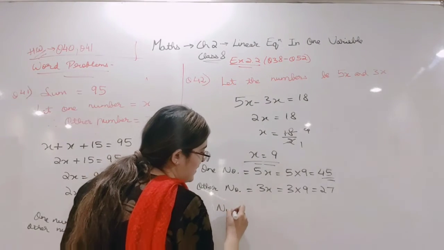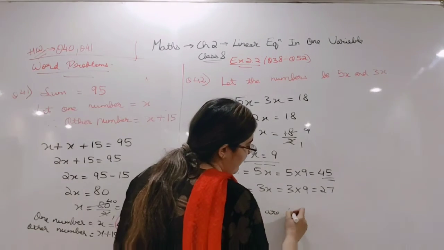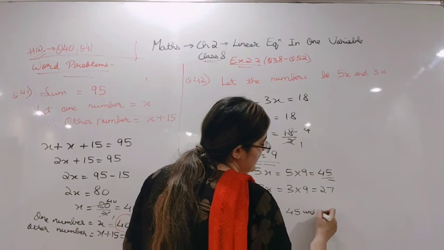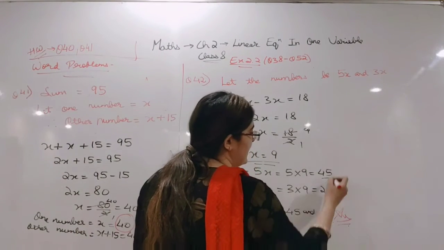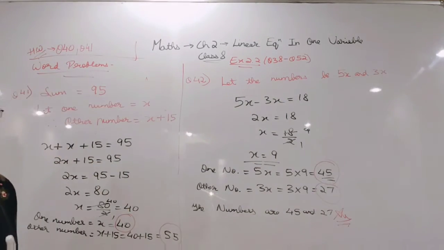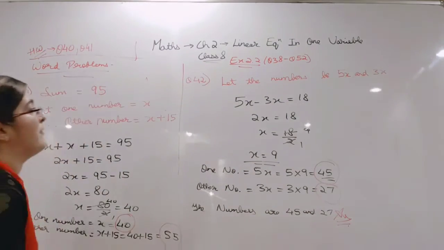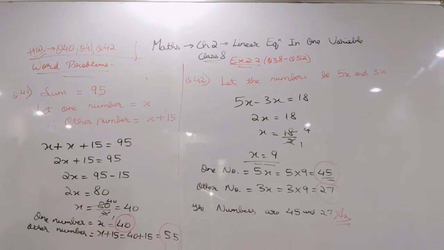What you will write? The numbers are 45 and 27. Okay, this is your answer. Clear, students? 45 and 27. Now note it in your question booklet and you have to do it as homework in another copy without seeing.